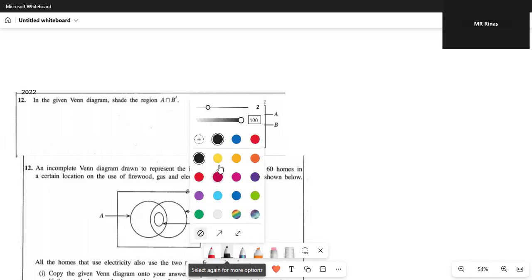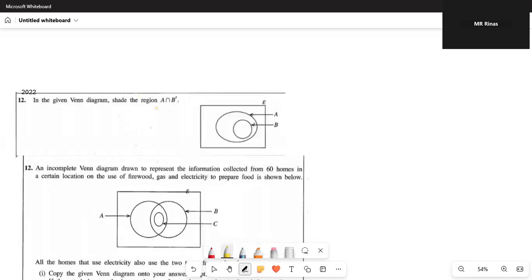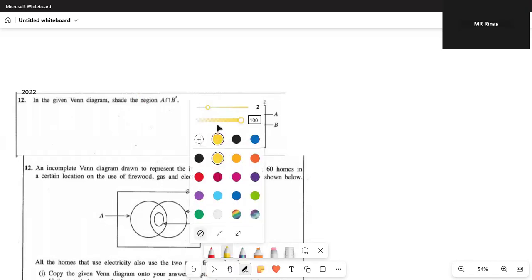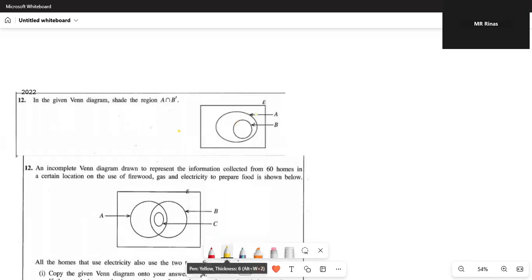so they ask you to shade the portion of first A. Okay, first we'll take the portion A. So A means this circle, right? So this whole circle will be A, right?